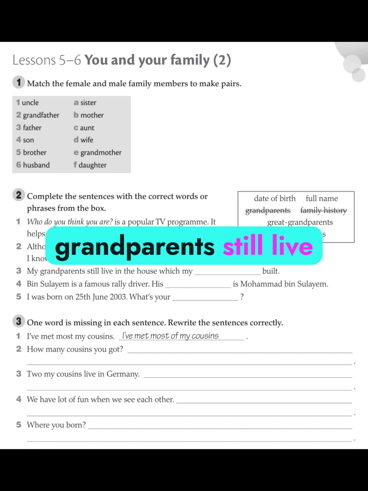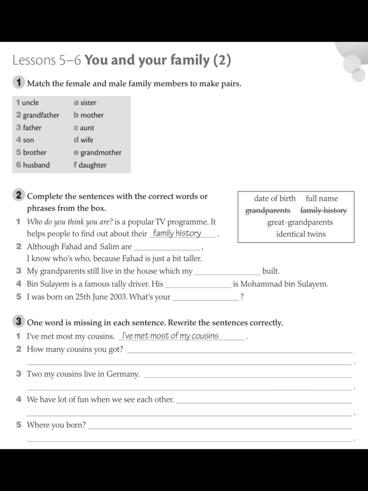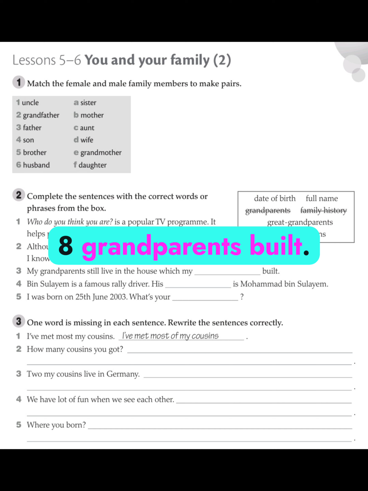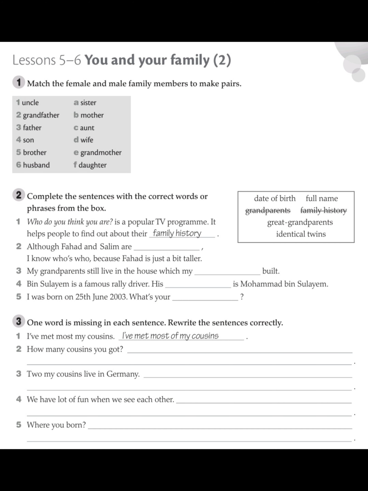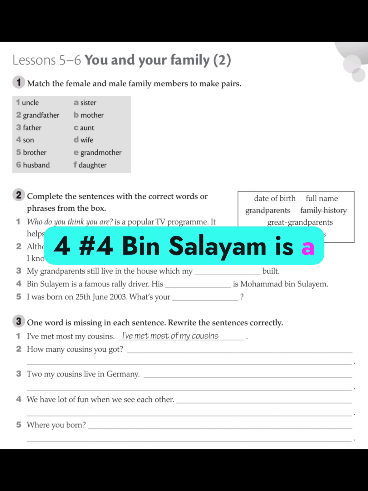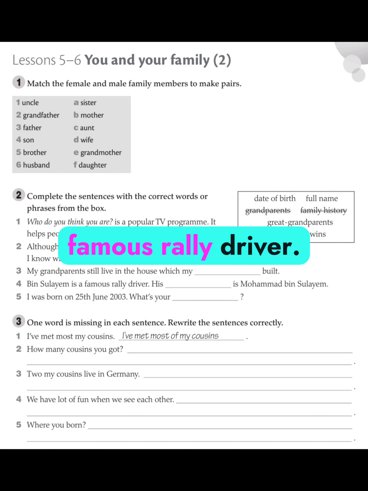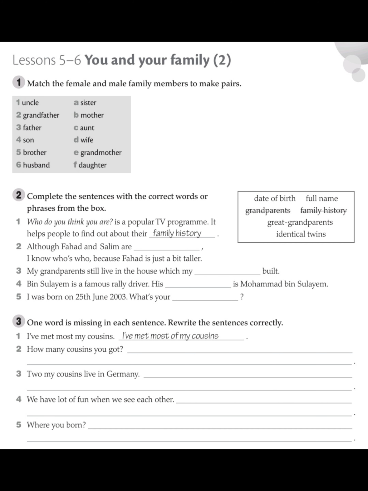My grandparents still live in the house which my great-grandparents built. Number 4. Bin Sulayem is a famous rally driver. His grandfather is Mohammed bin Sulayem.